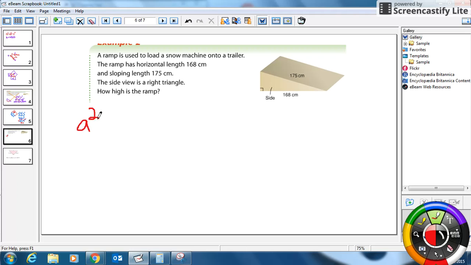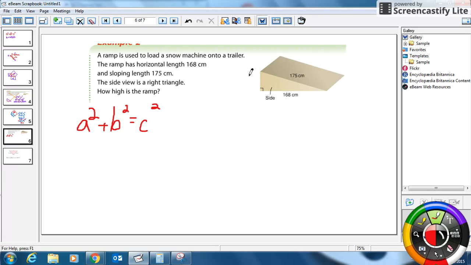A squared plus b squared equals c squared. Okay, so now we just go and take these numbers. We got to figure out what letter is represented by what number, and then we plug it into our formula here and figure it out with our calculator. So in this case, they're saying this is a 90-degree angle right here, so that means the two sides that form it are our legs.